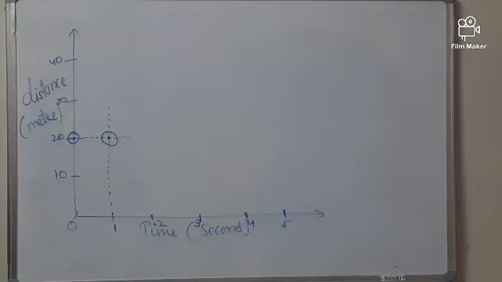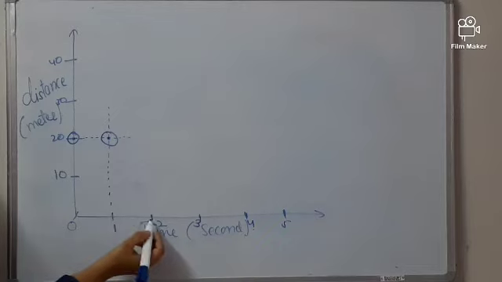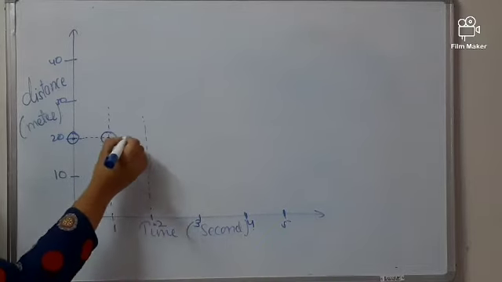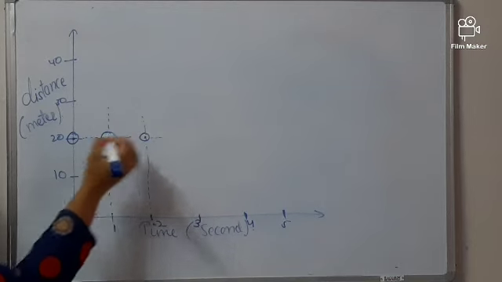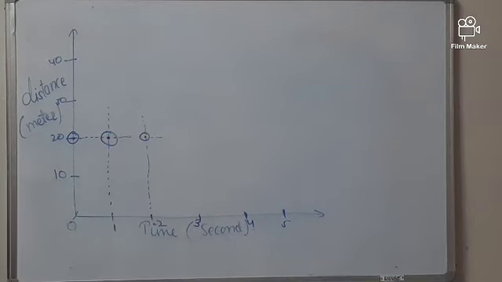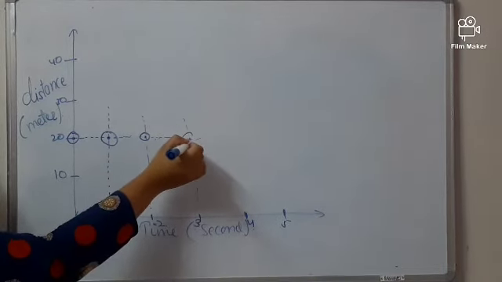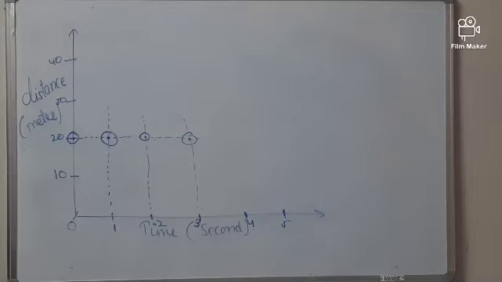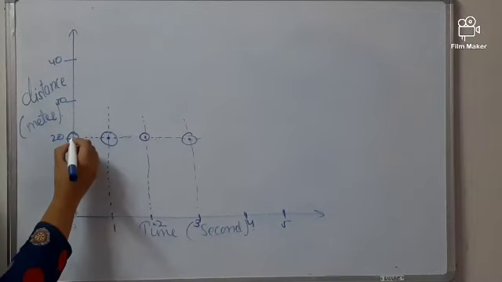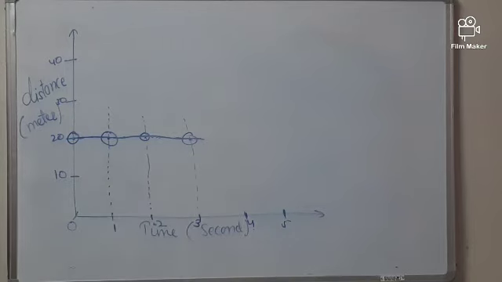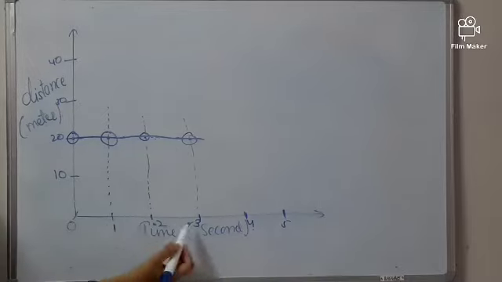Then when the time is 2 seconds, the object is at a distance of 20 meter. So mark it. When the time is 3 seconds, the object is at a distance of 20 meter. Mark it. Now whatever dots you got, join them and make a line. If you look at the graph, you get a straight line parallel to the time axis.